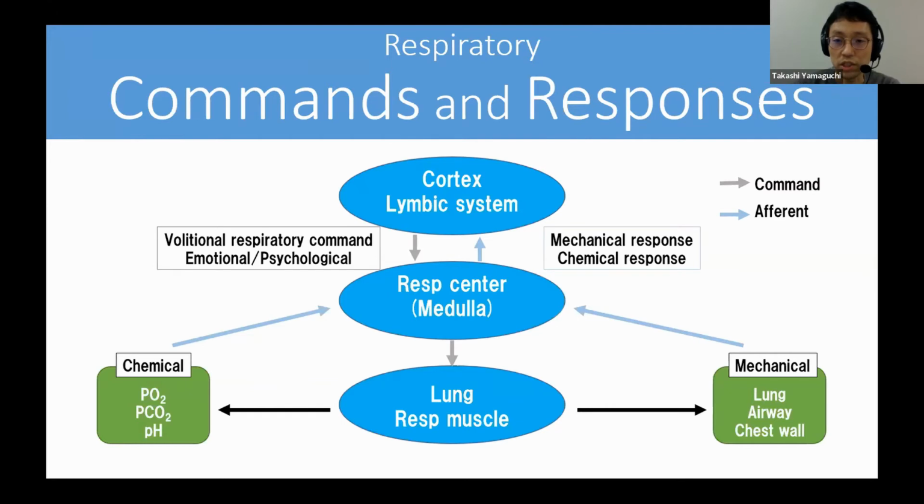When the respiratory center receives these signals, an efferent copy of such stimulation signals is sent to the cortex and the limbic system. Then the brain recognizes the peripheral response to the central command. Additionally, volitional respiratory command from the brain cortex and emotional or psychological stimuli from the limbic system have some influence in this process.